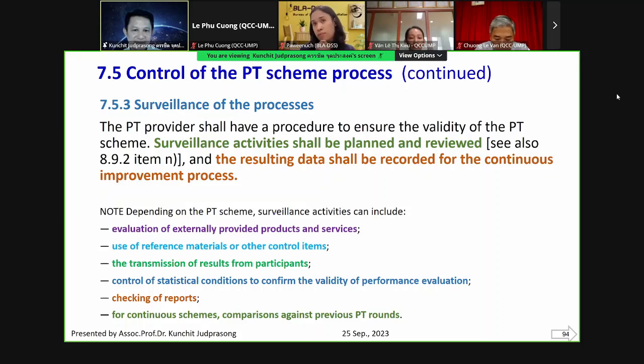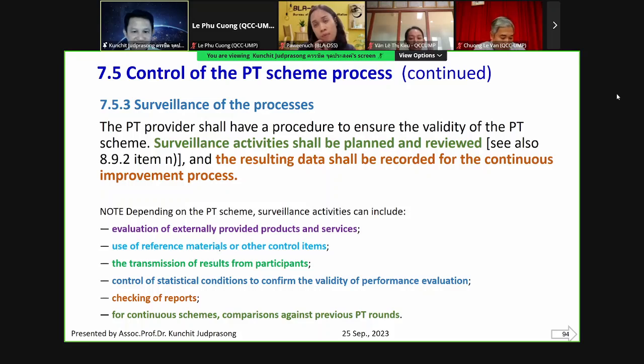Okay, depending on the surveillance, we can include evaluation of externally provided products and services. This is the way you evaluate the provided service that you have, let's say a laboratory that does homogeneity testing for you.